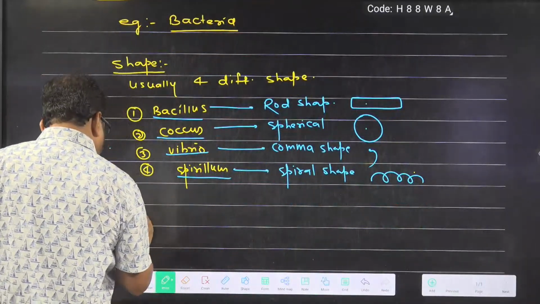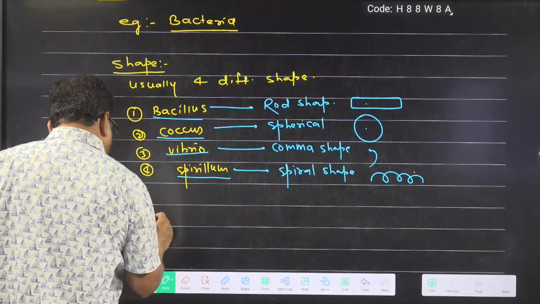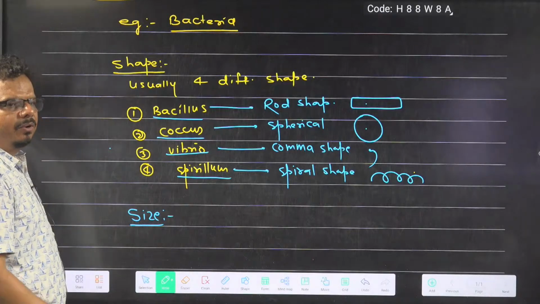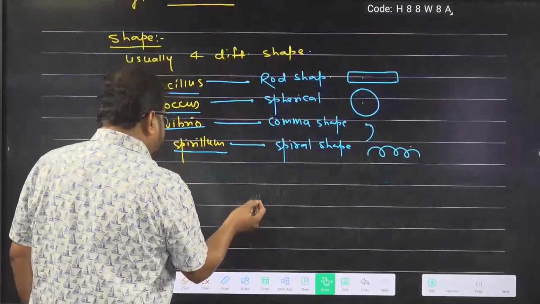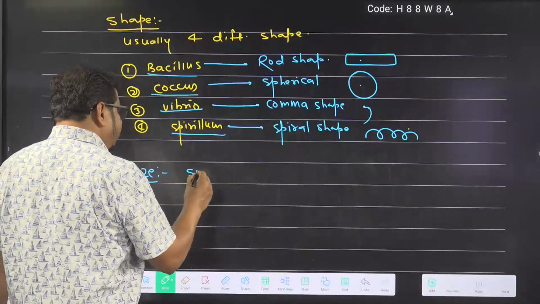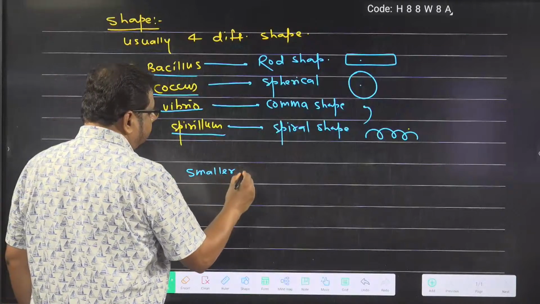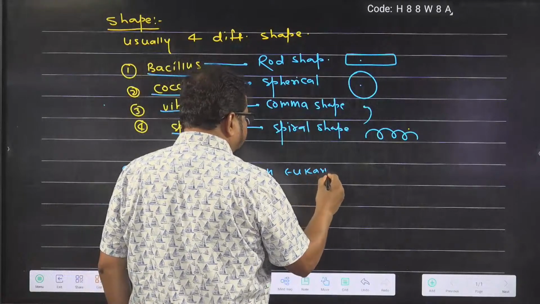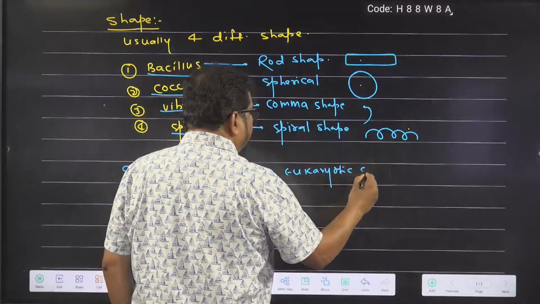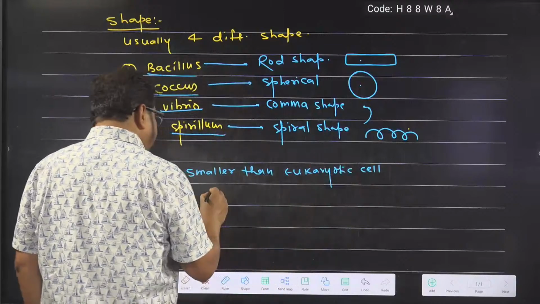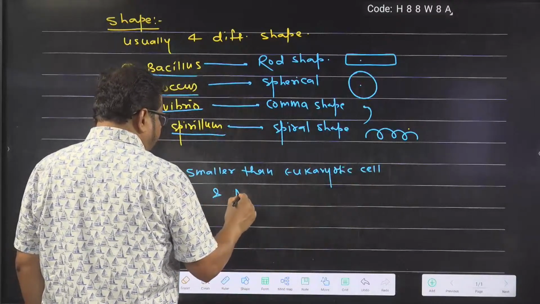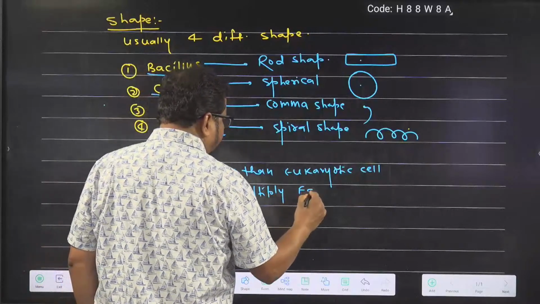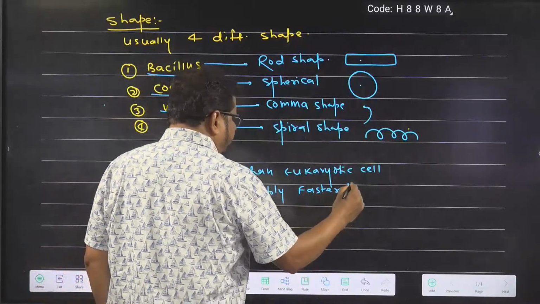Got the idea? If we talk about the size, I already told about generalized size in the last class. Prokaryotic cells are smaller than eukaryotic cells, take things in and multiply faster, increasing their number faster than eukaryotic cells.